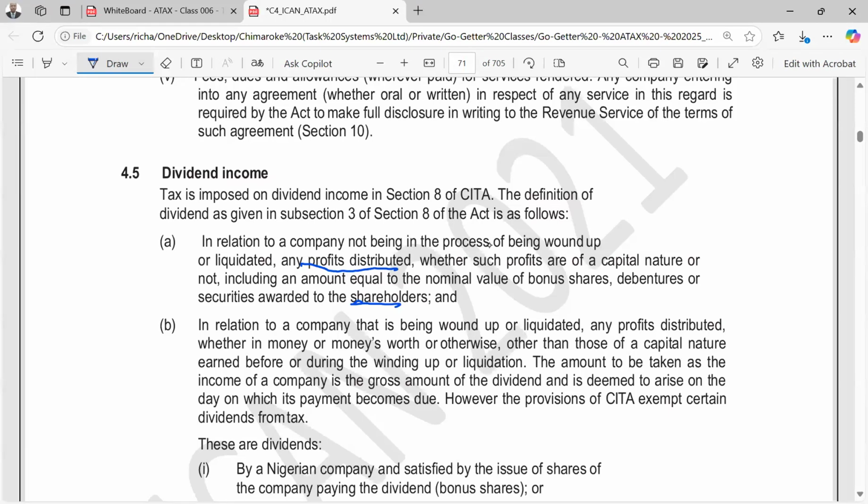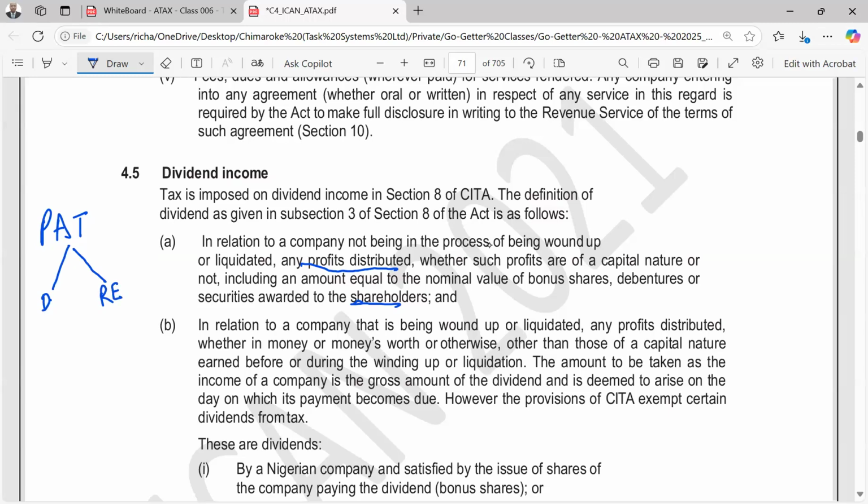So it means if there is profit after tax, so when we have profit after tax, the next thing is either you distribute the profits by way of dividends, or you retain them as retained earnings.